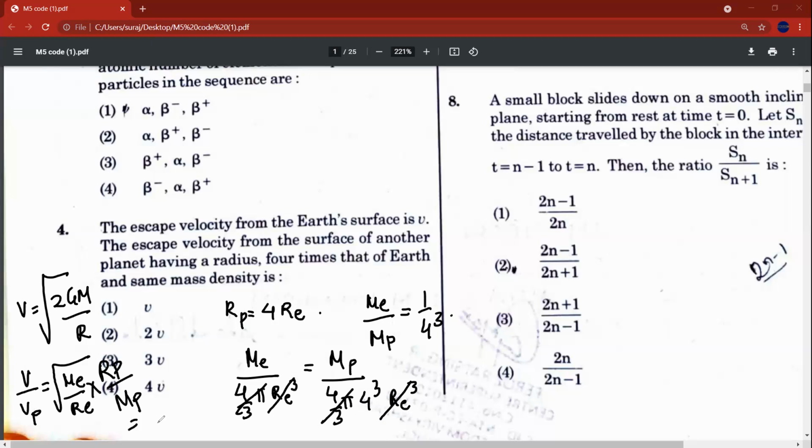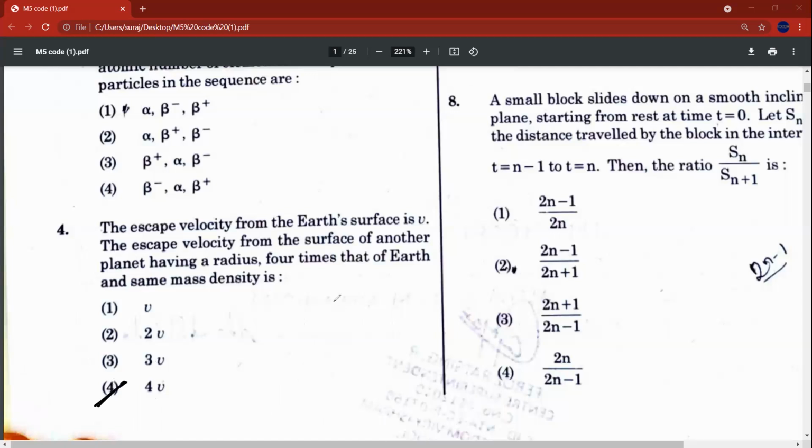So it becomes 1 by 4 square root, that means 1 by 4. So v by Vp equals 1 by 4, and Vp will be 4v. Yes, so option 4 is correct. Now coming to question number 5.